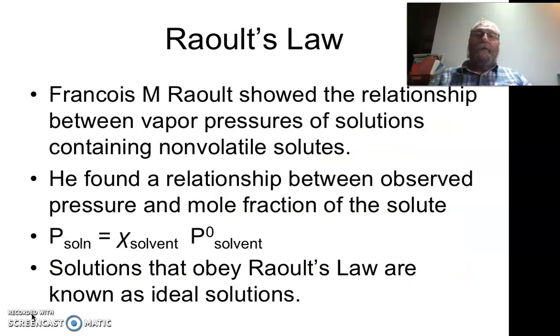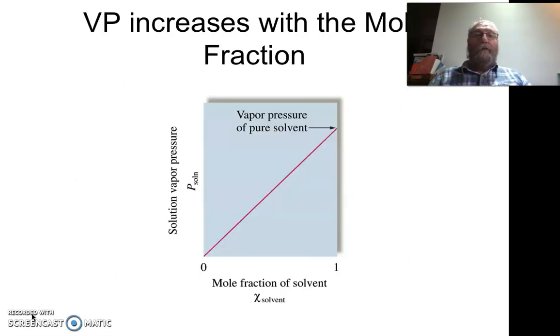He showed the relationship between the vapor pressure of solutions, and he found a relationship connected to the mole fraction. Now this has been a big area in AP in the past, but it really hasn't shown up very much at all in recent years. The idea is that if you have a pure solvent, then it will have one vapor pressure.